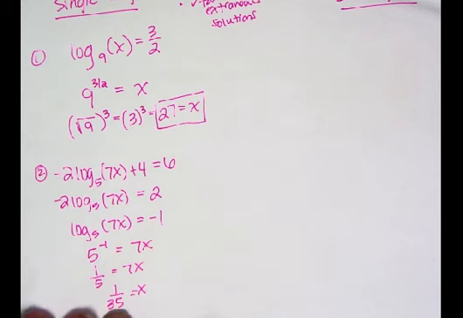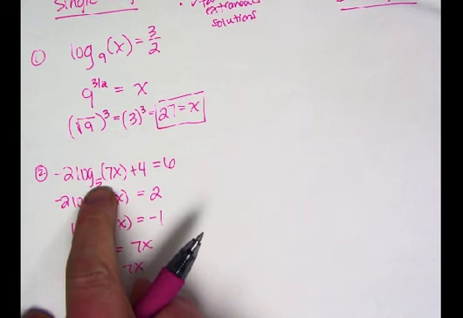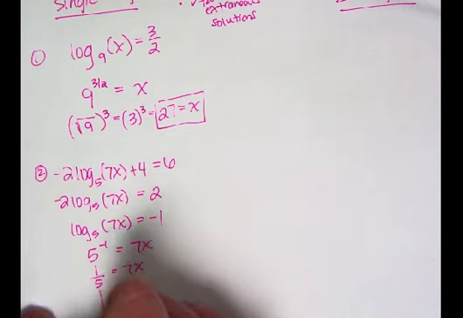To check for extraneous solutions, I just want to make sure that the base of my original log is positive and that the argument, if I plug 1/35 in, 7 times 1/35 is 1/5. As long as it's a positive number, I'm good. So this would be my answer.